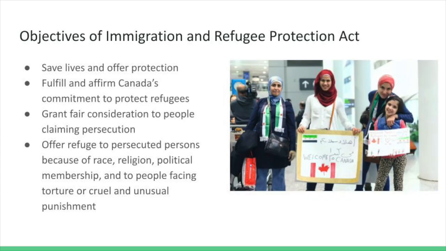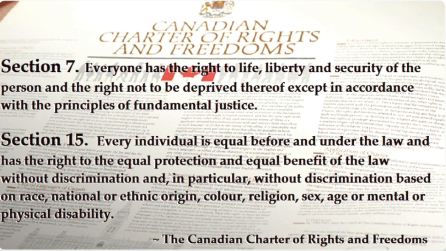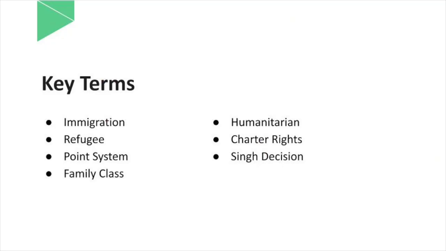And Canada also protects refugees under international law. And our Charter, especially after the Singh decision of 1985, gives refugee claimants legal rights. Some key concepts here are immigration, refugee, point system, family class, humanitarian, Charter rights, and the Singh decision.